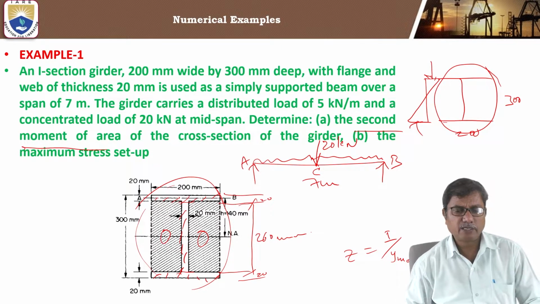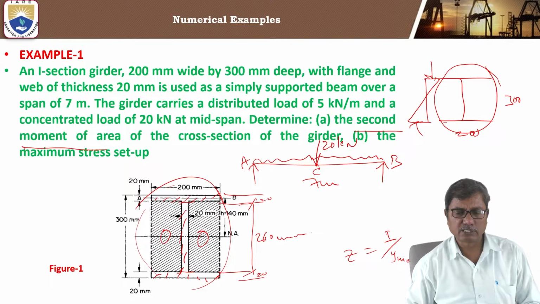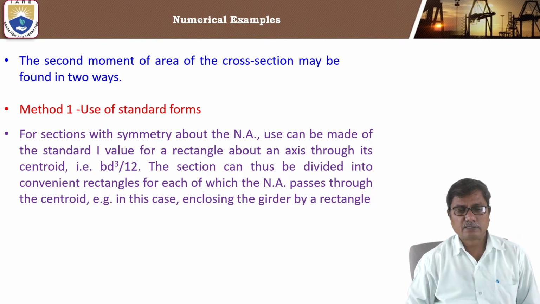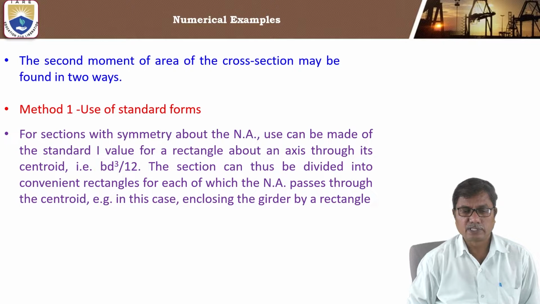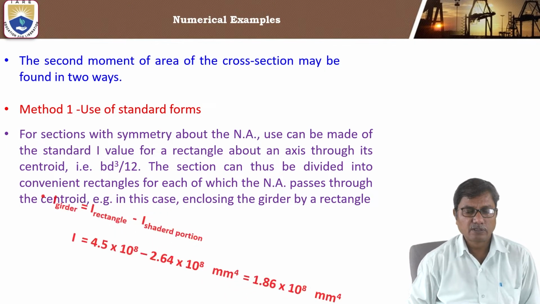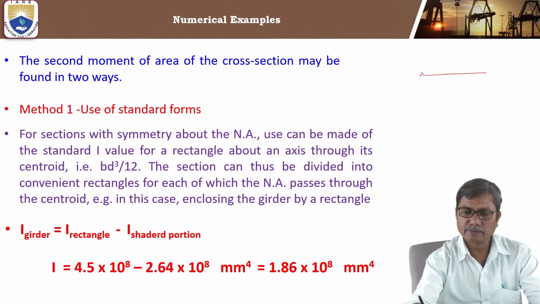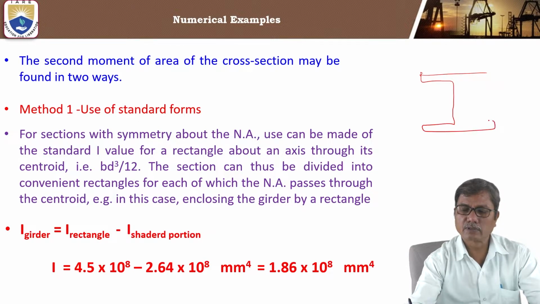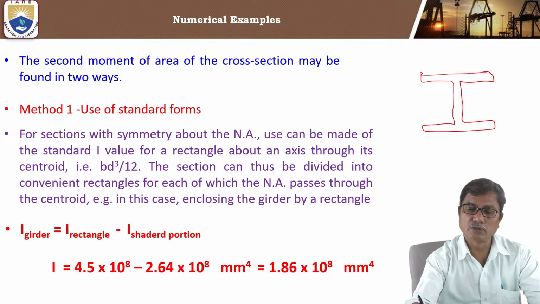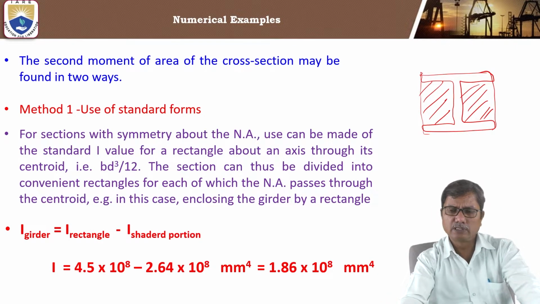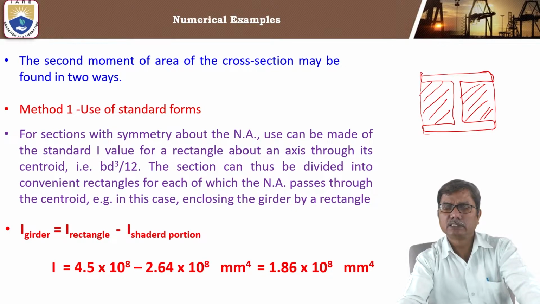So first we will find the moment of inertia of the I section as the difference of the moments of inertia of a complete rectangle enclosing this I section, and subtracting from that the moment of inertia of the shaded portion. That gives the moment of inertia of the I section.